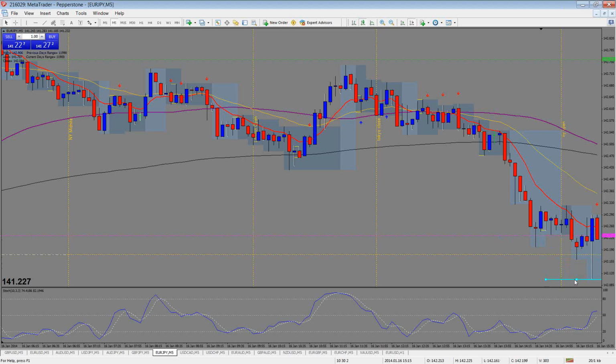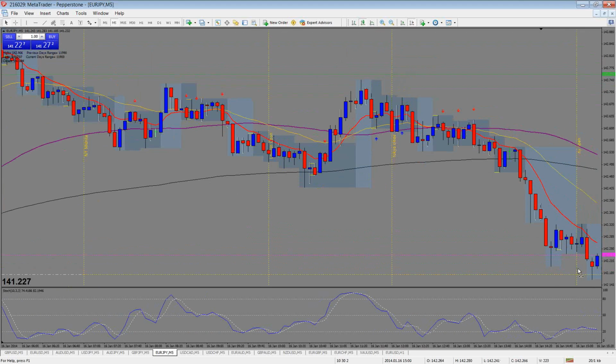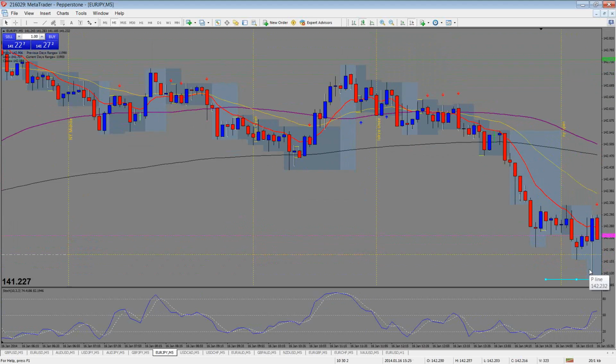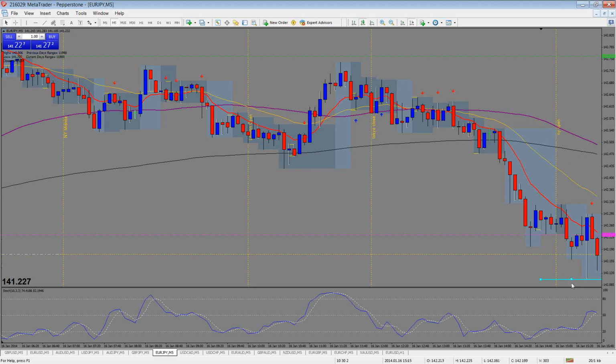But if we're looking at it, that's where our signal would be until we got the next candle, which is actually here. Okay, we got a signal candle, and it did break, so we are now in that trade.